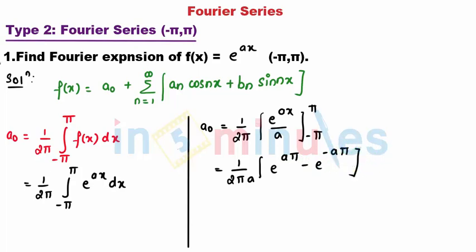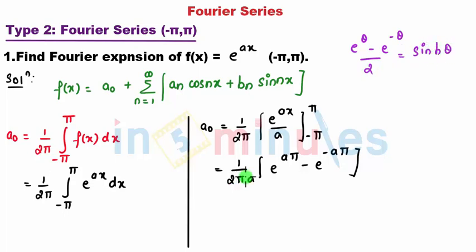Now we know if it is e raised to theta minus e raised to minus theta and we have it divided by 2, we can write it as sine hyperbolic theta.